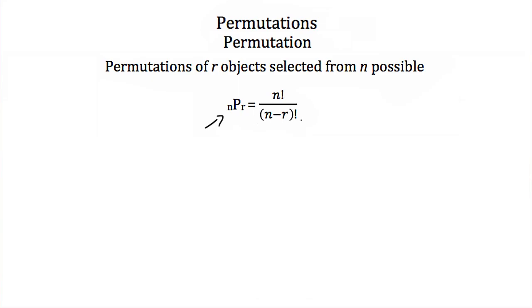Now in our previous example with the NASCAR drivers, n would be equal to 43. R is the amount of positions or the amount of drivers that we're going to choose out of the 43. Well, we only want the drivers that are going to finish in first, second, and third. So R is equal to 3. So this would represent 43 P 3.